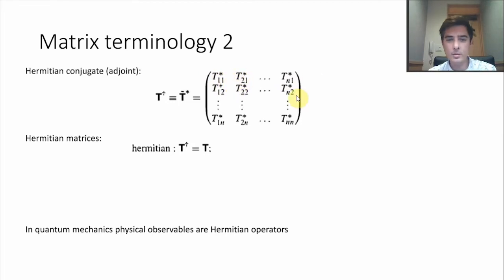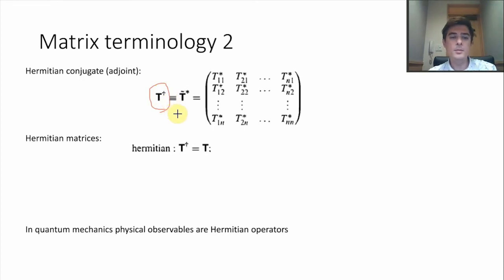So everything's got stars, and then the rows and columns are interchanged. Then this is the so-called Hermitian conjugate. The notation of this is given by the dagger. If you've got a dagger on the top right-hand corner of the matrix, this means Hermitian conjugate. Basically it means transpose and complex conjugation.